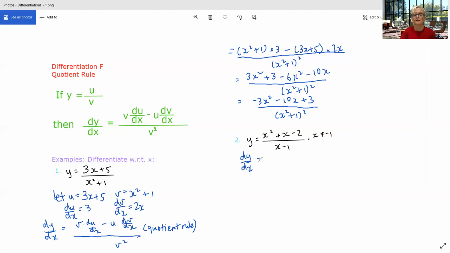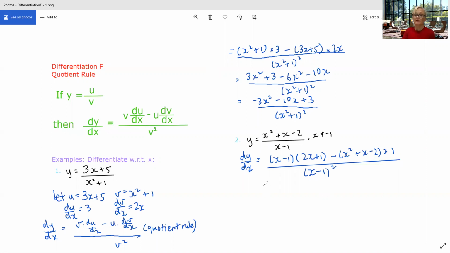I go dy/dx is bottom times derivative of top minus top times derivative of bottom, which is just 1. Might just get a straight line happening here because otherwise I'm going to make a big mess all over our x minus 1 squared.